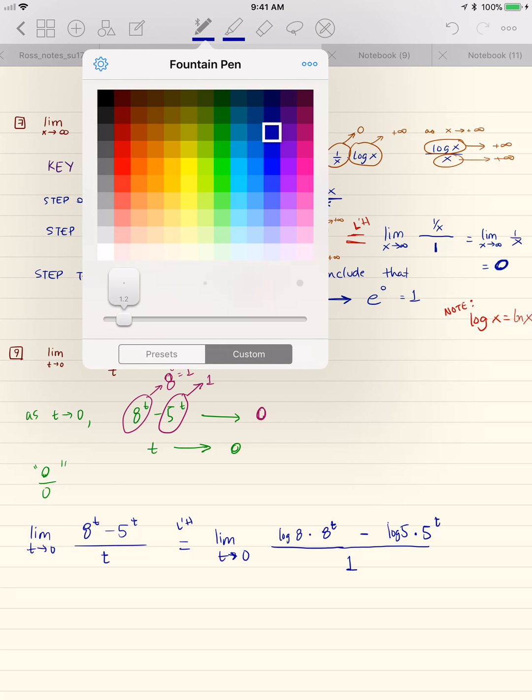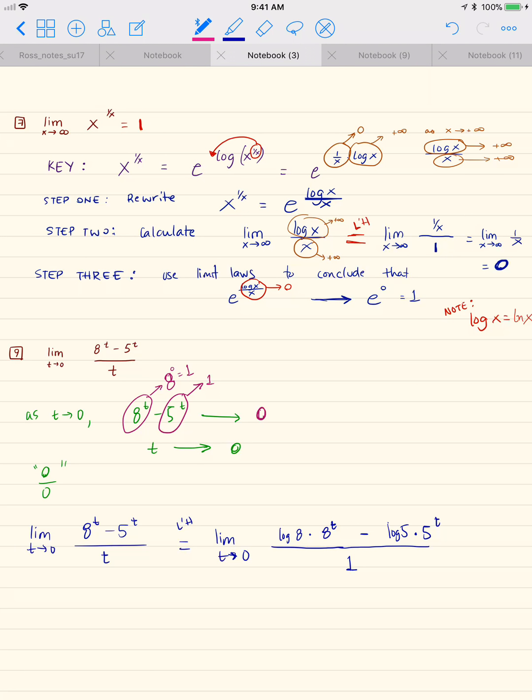So let's see what happens as t goes to 0. 8 to the t is going to 1, as we said before, and 5 to the t is approaching 1. So this limit is going to be equal to log 8 minus log 5 over 1, which is just the same thing as log 8 minus log 5.